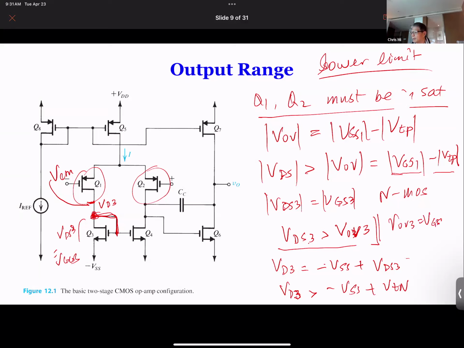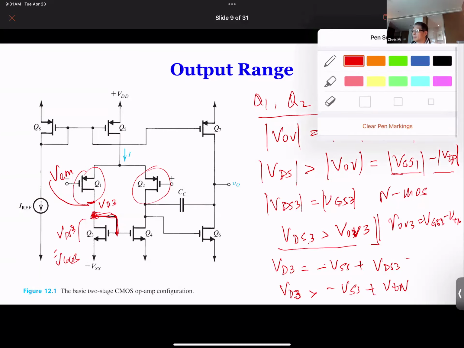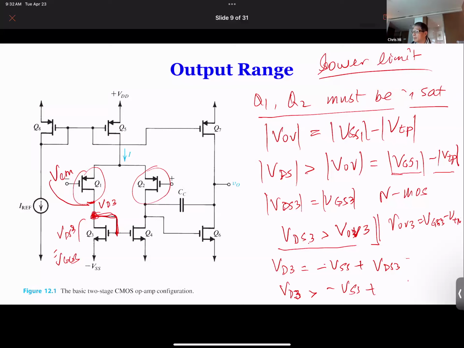VGS3 minus VTN. So therefore, we have VGS3. We have to erase this one. It's going to be minus VSS plus VGS3, then minus VTN.